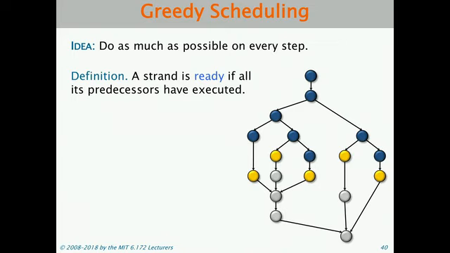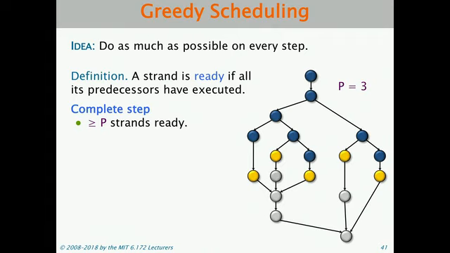And there are two types of steps in a greedy scheduler. The first kind of step is called a complete step. In a complete step, we have at least P strands ready. So if we had P equal to 3, then we have a complete step now because we have 5 strands ready, which is greater than 3.